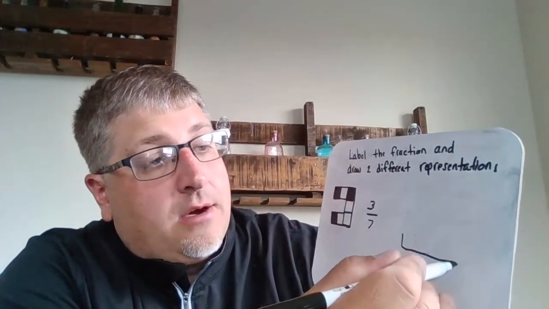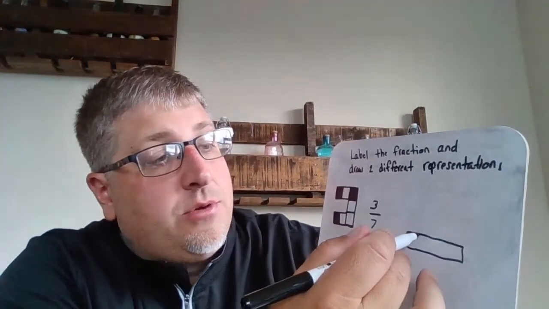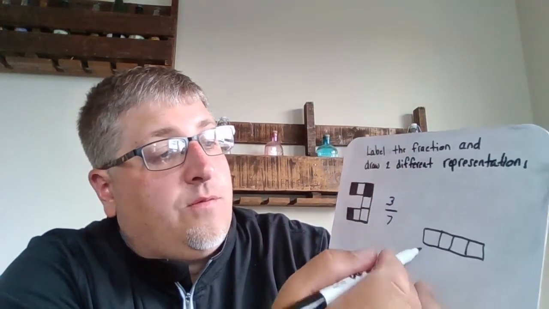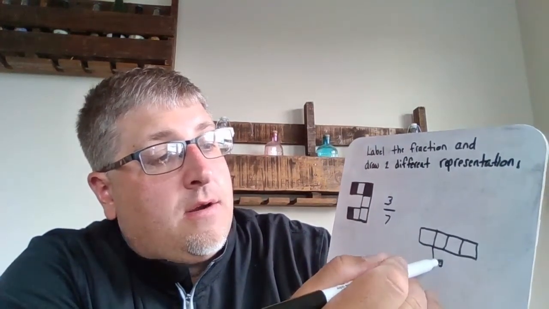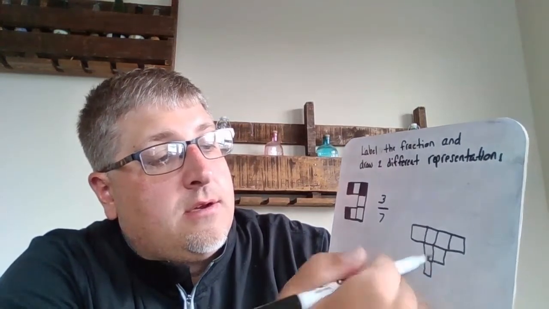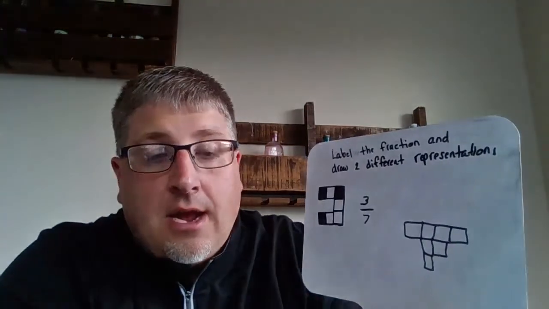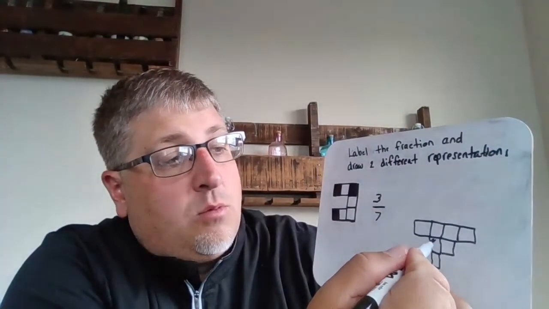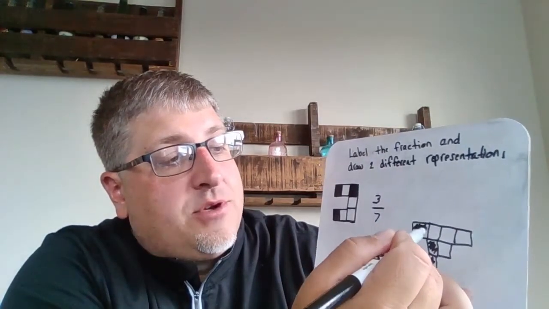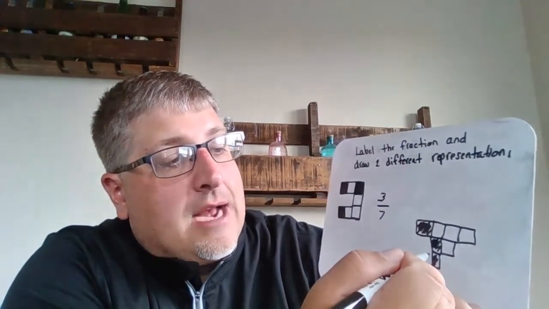So I can come over here and I can do this. So there is 4 right there, 5, 6. There's my 7 blocks right there. And I know that 3 have to be shaded. 1, 2, and 3. I know my coloring is not perfect right here.